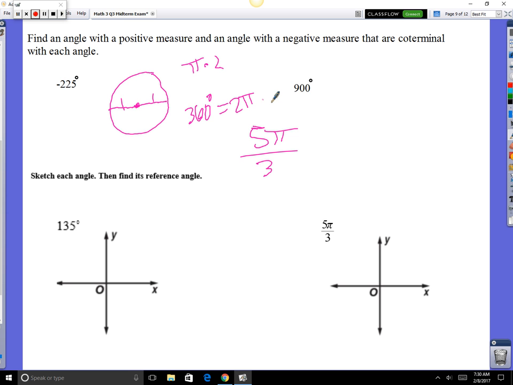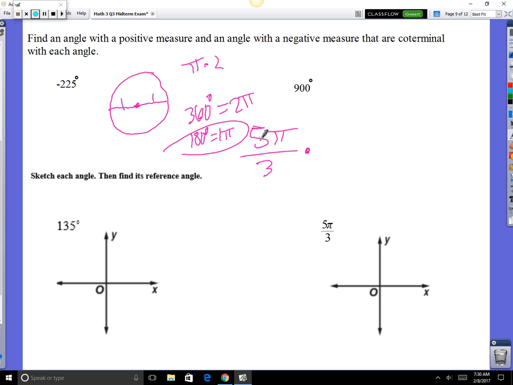If a full spin is 2 pi, 180 is 1 pi. And this is what we're going to use because it's been reduced. We're going to times this by 1 and convert it back into degrees. This is our conversion rate: every 1 pi is equal to 180 degrees.